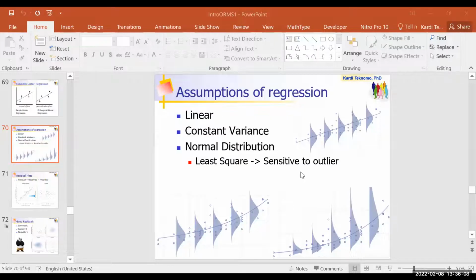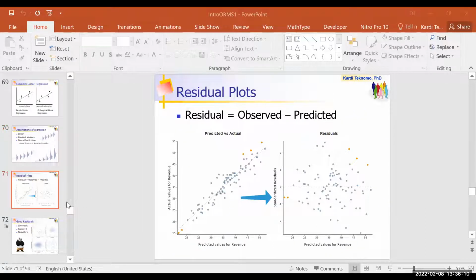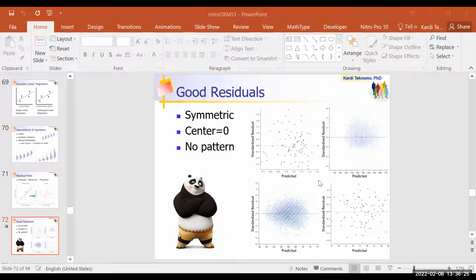So back to the slide. Did you try in Excel? Using the plot of the residual here, what is the meaning of residual? Residual is the error: the observed minus the predicted. Using the plot of the residual, you can check. A good residual will be symmetric, centered at 0 with no pattern. That is a good residual.